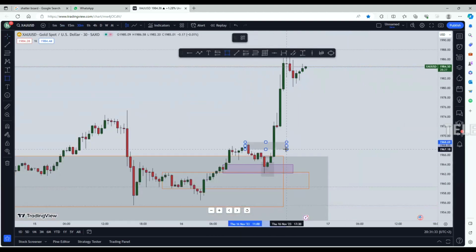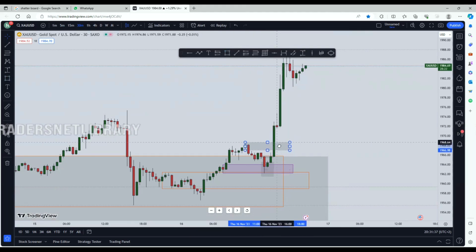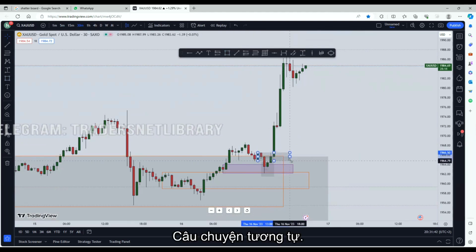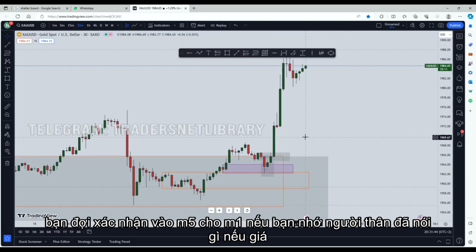M30 here. The below one. The one which is below. Yeah, this one. The same story. You wait for confirmation entry, M5 or M1.